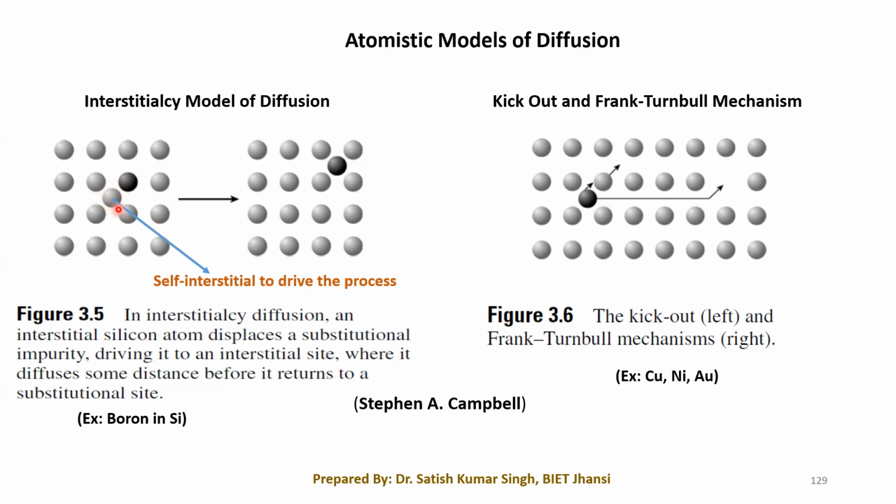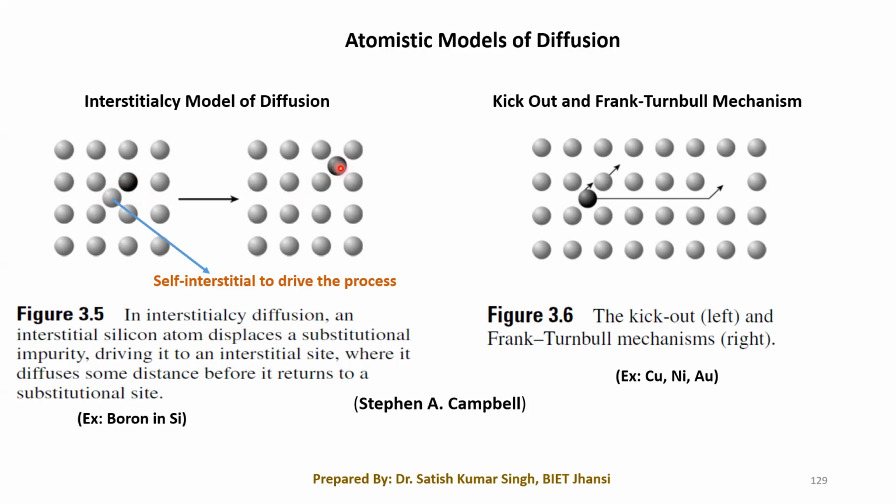This interstitial silicon atom is called the self interstitial, and it is driving this process in which this silicon atom will push the impurity atom, and then occupy the actual substitutional site, pushing the impurity atom to the interstitial spaces, and then this interstitial impurity is now going to make a certain movement.